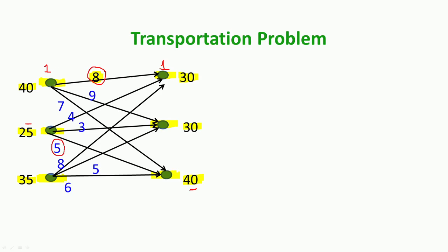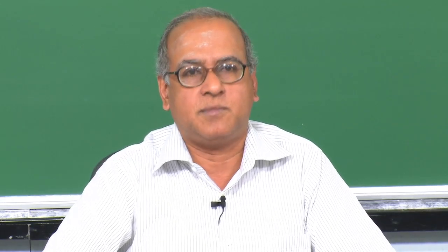So, there are a set of supply points; in this example there are 3. There are a set of demand points; in this example there are 3. We should also note that it is not necessary that the number of supply points should be equal to the number of demand points.